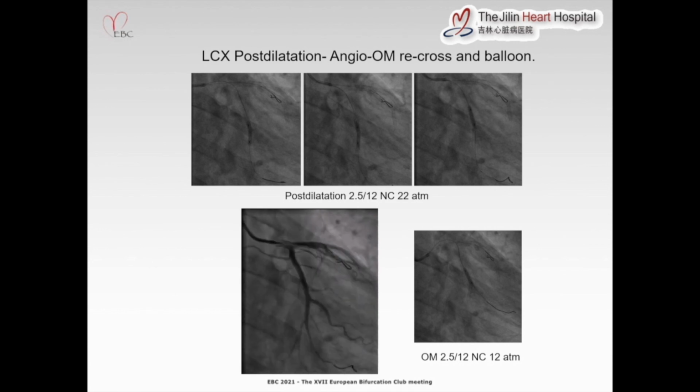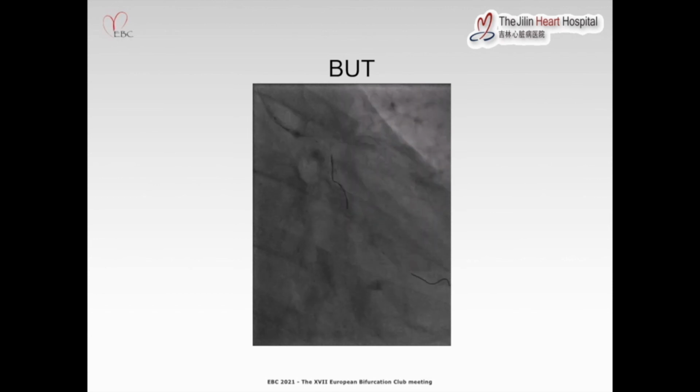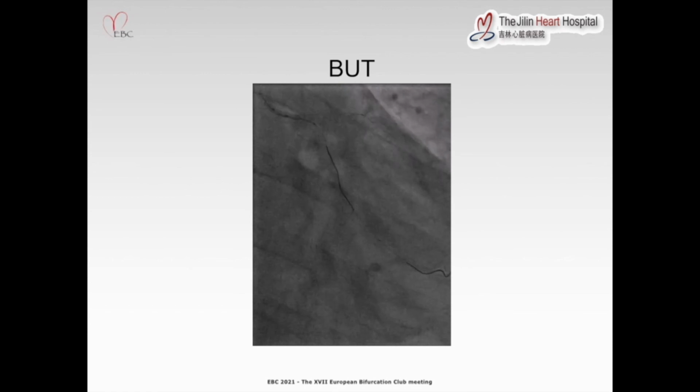Then they rewired the OM and opened the struts there with the same 2.5 balloon. And this is an enlargement to see the rewiring of the posterolateral, and you see the operator had some difficulties.